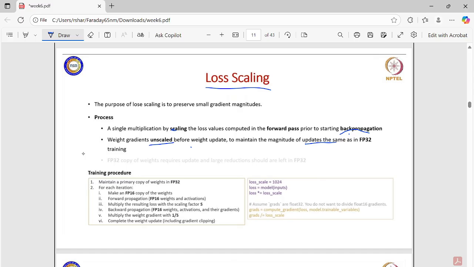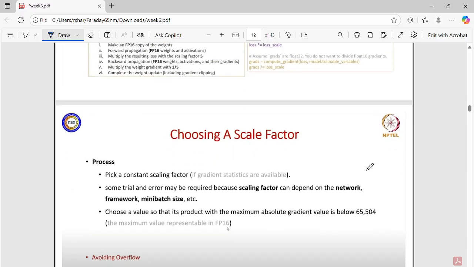So I'm just trying to differentiate between two terms, small gradient and gradient underflow, because we are using these two terms.